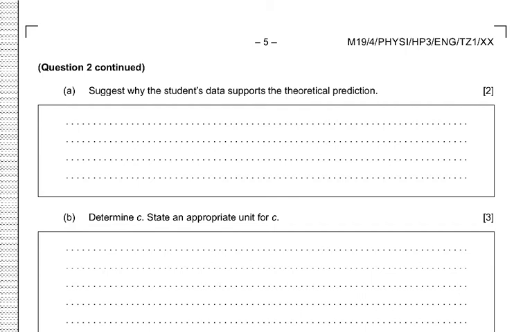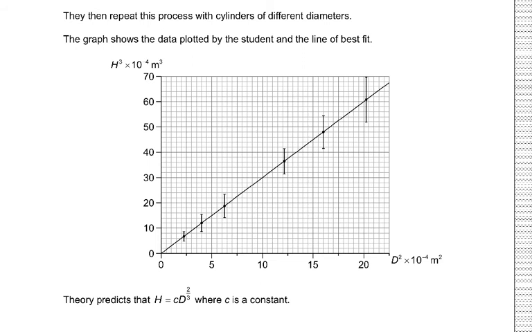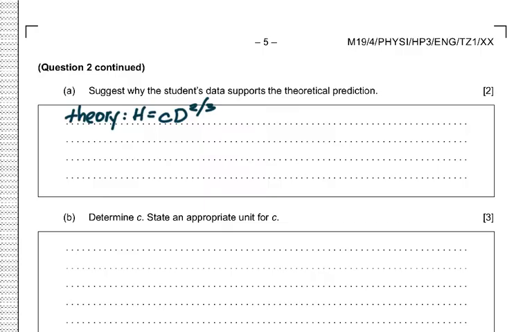Well, let's take a look at the theoretical prediction. That is h equals c d to the 2/3. And again, in order to linearize, really that linear equation of the dependent variable is some constant times the independent variable. And we really kind of do have that form already. We have the h standing in for y as the dependent variable, and then we have some constant, which we could get from the graph.